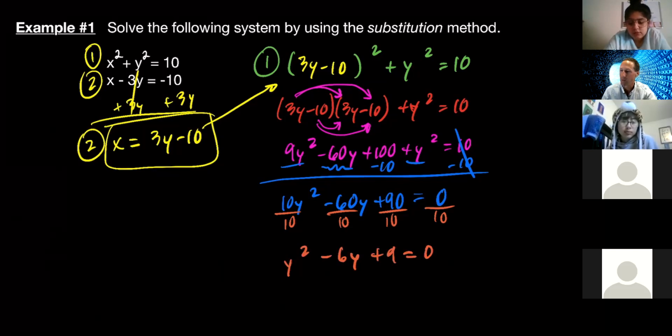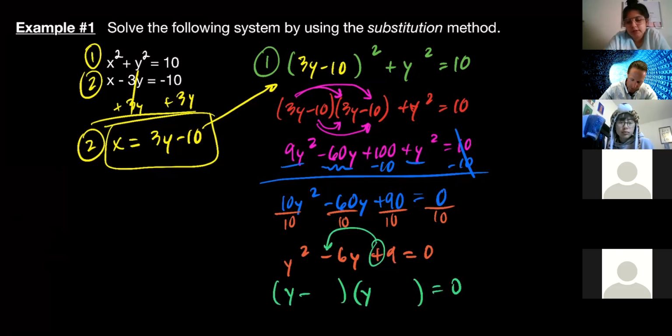By doing what? What was the quickest, easiest way that we learned first to solving these quadratic equations? Factoring. Very good. Excellent. Factoring. So I'm going to factor this. Y times y. Same and both negative for my signs.